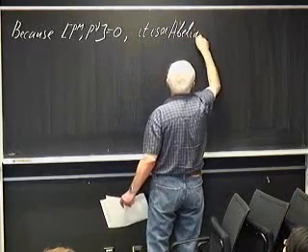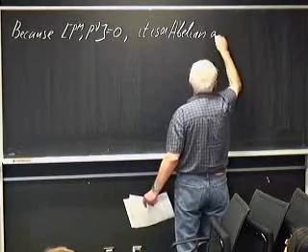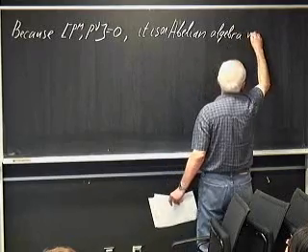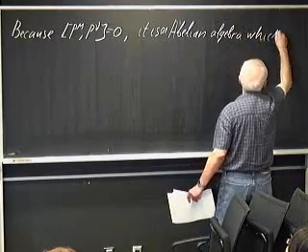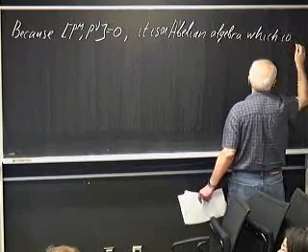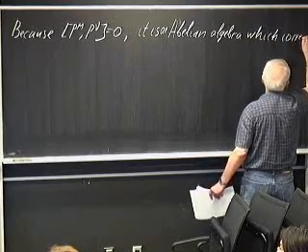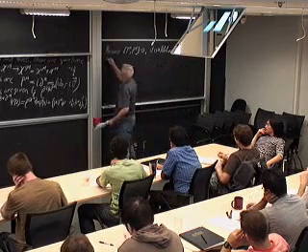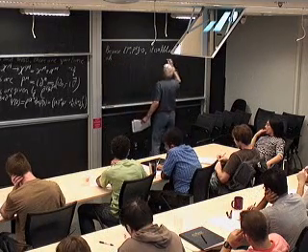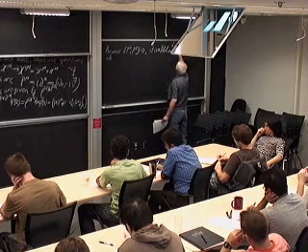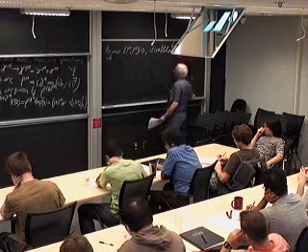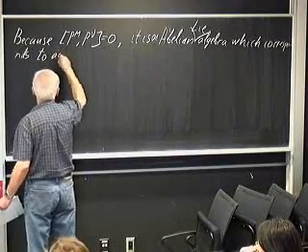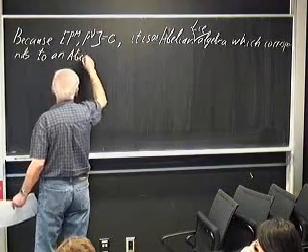The point is, the abelian Lie algebra corresponds to an abelian group.